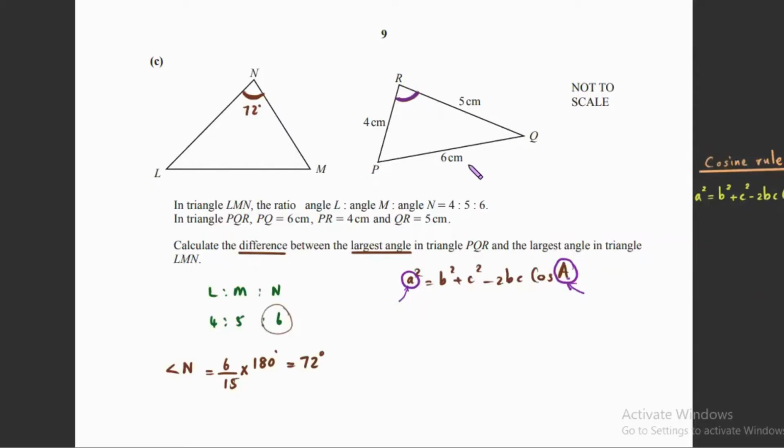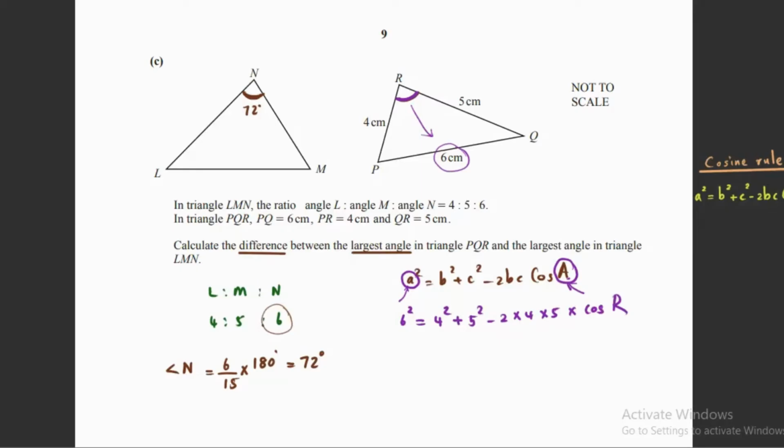This side a will be this 6 centimeters that we have because that is the side opposite to this angle. So we substitute it as 6 squared is equal to, we can label b as 4 or b as 5, there's no problem with that. So I can just substitute it as 4 squared plus 5 squared minus 2 times 4 times 5 times cos of A. In this case, I'm going to change it to R.